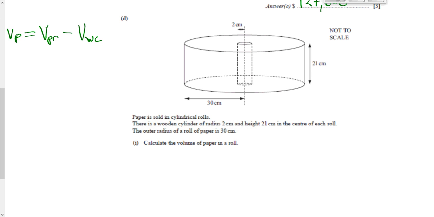Now, the volume of a cylinder is the area of the base times the height.